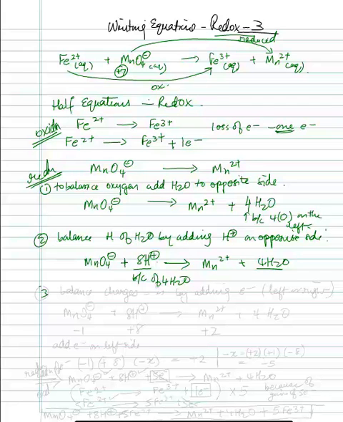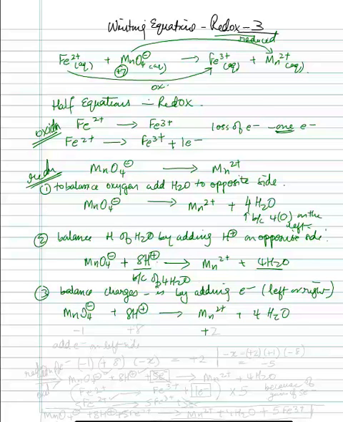Now third thing, because now my hydrogen and oxygen are balanced, I have to balance my charges. And the way I balance charges is by adding electrons, left or right, depending on wherever I need to balance out my charge. So let's write the equation again. MnO4- plus 8H+ to give Mn2+, and I have 4 H2O.